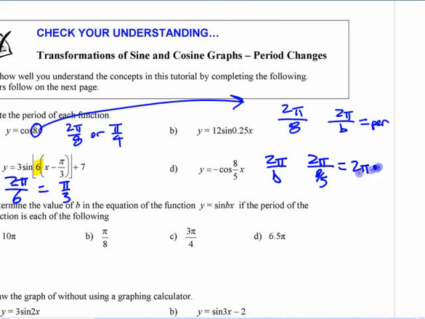Dividing by 8 fifths is like multiplying by 5 eighths. This is 10 pi over 8, or in lowest terms, 5 pi over 4. You have to think that 2 pi, the normal period, divided by that number is what happens to the period.